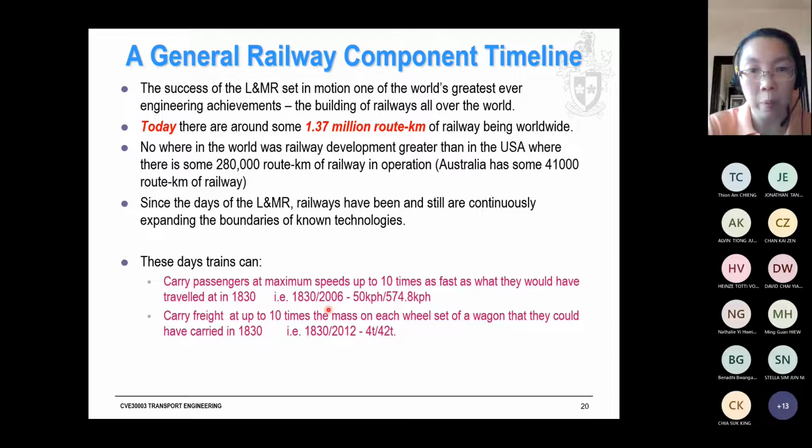If we look at the speed, in 1830 it was about 50 kilometers per hour. If you drive, probably it's faster than this. But fast forward to 2006, we have about 574 kilometers per hour. So that's as fast as an airplane.